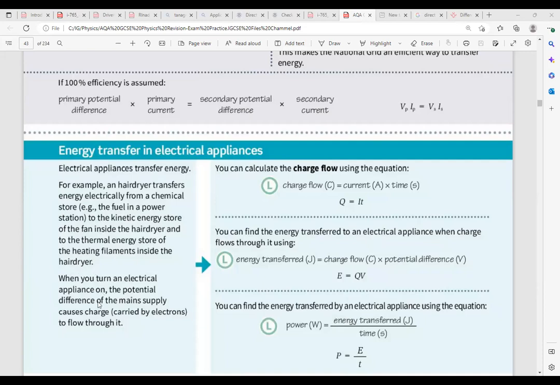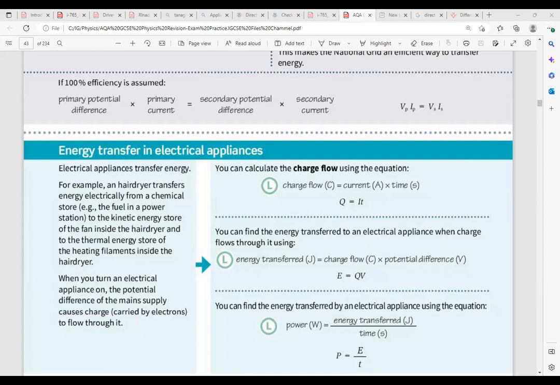When you switch an electrical appliance on, the potential difference of the mains supply causes charge carried by electrons to flow through it. So I just gave you the current equal Q over T over here.